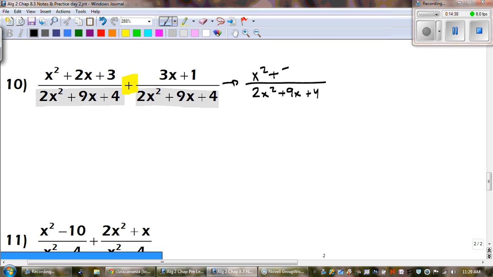Combine the 3x and the 2x to get 5x, and 3 plus 1 gives us 4. Okay, I'm going to see if you guys can factor the top and the bottom. Now, I'm going to give you a hint right now. You're going to need to do some extra work on the bottom because the GCF, or the leading coefficient, is 2. Okay? All right, good luck.